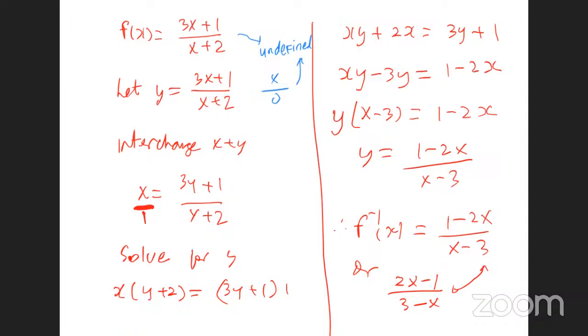So to figure out what will make that function undefined, take the denominator and make it equal to 0 and solve for x. So when x is -2, that function is undefined, because anything divided by 0 is infinity, which is undefined. Are you okay with that?